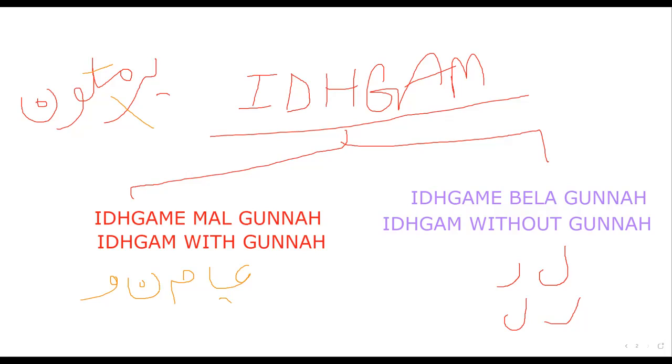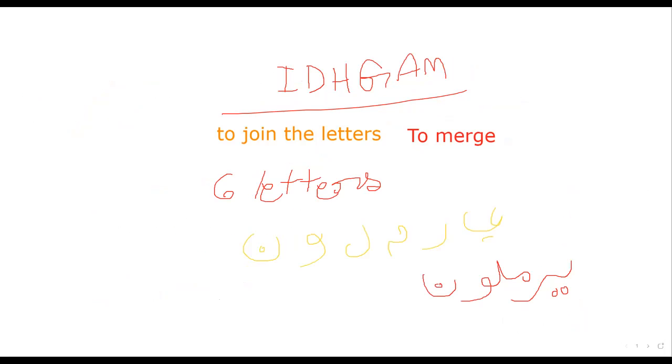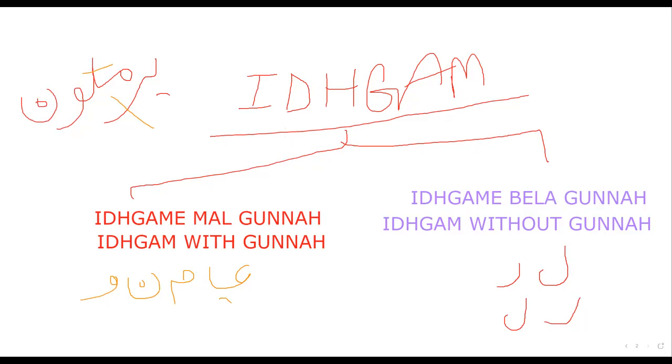Again, real quick review. Idgham means to join the letters or to merge, or milani. In Bangla we say milani, something we put together. There are six letters of idgham: ya, ra, mim, lam, waw, nun. Together, Yarmalun. Then idgham has two parts: idgham ma'al gunna or idgham with gunna, and idgham bila gunna or idgham without gunna.